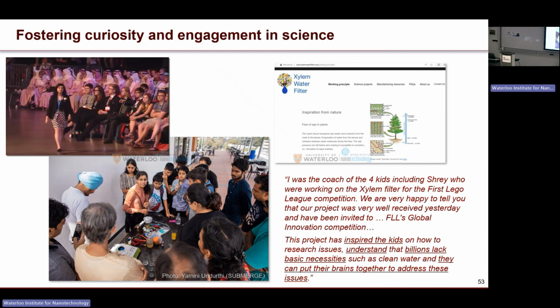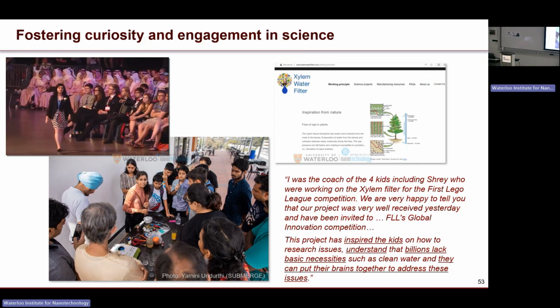And there's a lot of engagement. So this was a high school student, Varsha, who worked on the project, and she got a prize at this Intel Science Fair. And then Kritika was doing demos and engaging people at a museum in Bangalore.